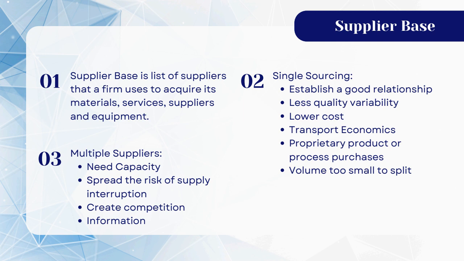You're spreading the risk of supply interruptions. When you have multiple sources, the business is able to spread the risk of supply interruptions, like if a business goes on strike, there's quality problems, political instability or other supplier problems. Like when it was COVID, different businesses went through different problems. If one business had a lot of infections and another had less, the business with a lot of infections may close down.